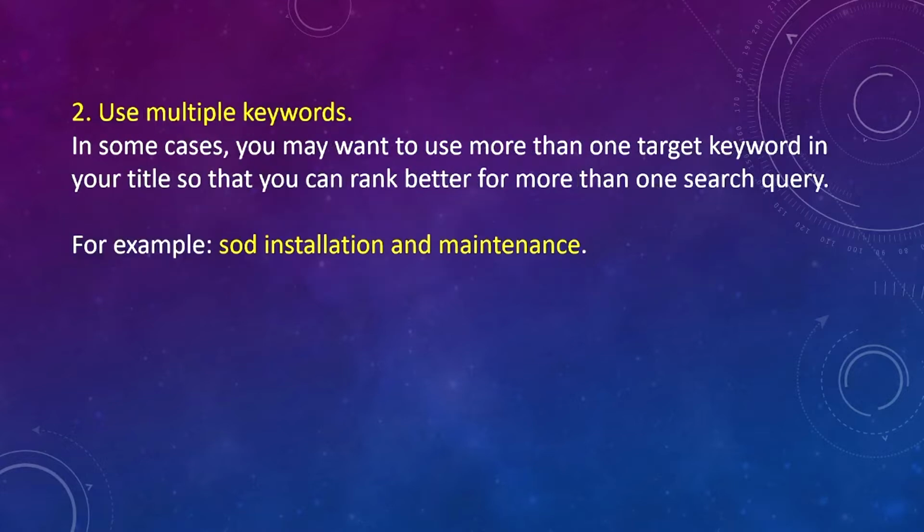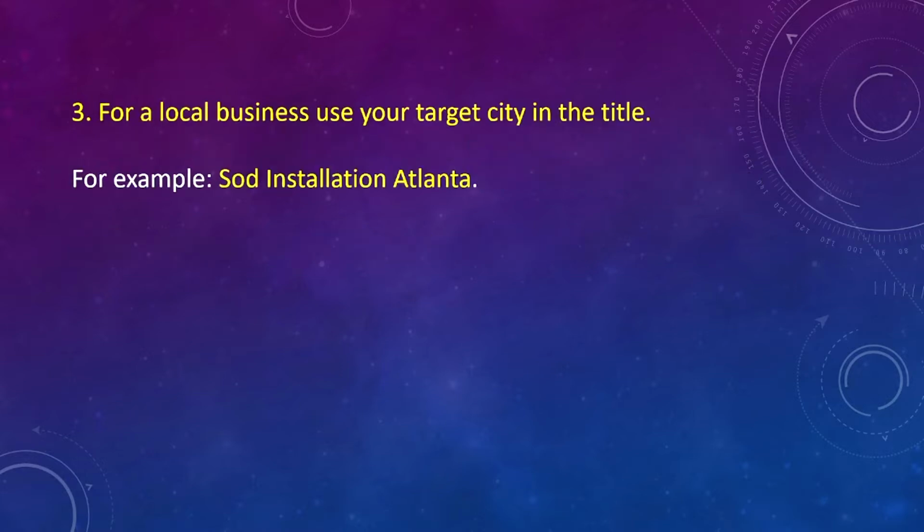All right, the second thing is use multiple keywords. In some cases, you may want to use more than one target keyword in your title so you can rank better for more than one search query. For example, sod installation and maintenance. All right, number 3, for a local business, use your target city in the title. For example, sod installation Atlanta.